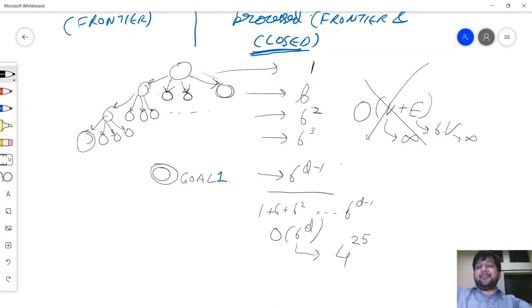That means the state has 25 angles, each discretized by 1 degree each, so each could go to 360. So the state space size is 360 raised to power the number of degrees of freedom, which is 25. No, you cannot even store it as an adjacency graph. It's impossible. So when you cannot even store it as an adjacency list or an adjacency matrix, you still need to do a program.